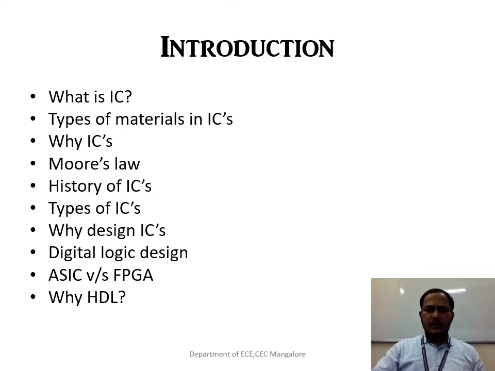Now an IC consists of all these components like transistor, diode, resistance, capacitance, etc. So how are these components made? What are the things you require for this IC? In the next slide I'll explain the types of materials we require for an integrated circuit.